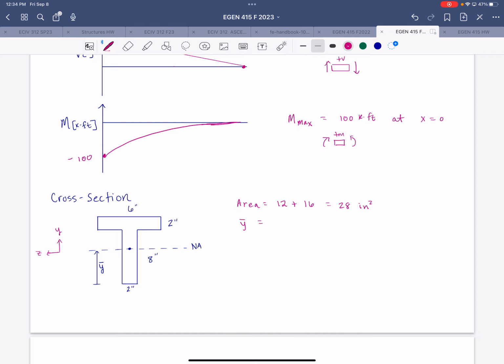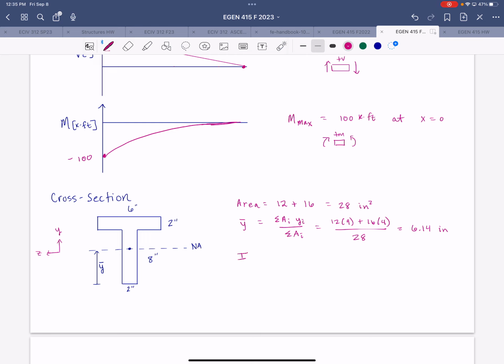And then Y bar, we use our formula, summing the products of the areas and the distance to the centroids divided by the total area. So that distance for the top is 9 and for the web is 4, divided by 28 gives us 6.14 inches to the centroid.